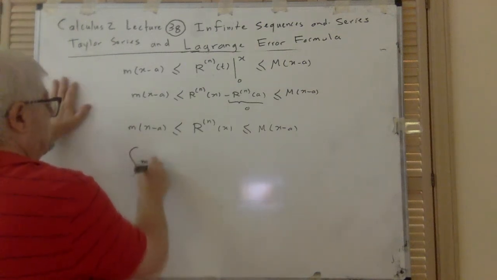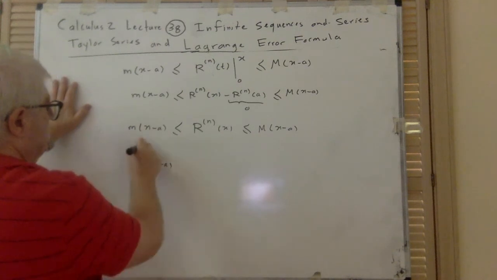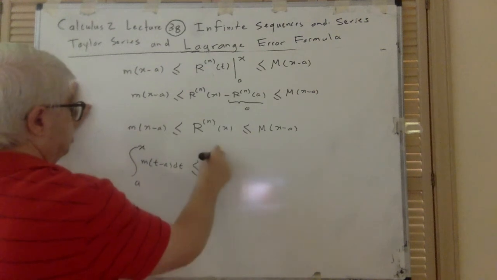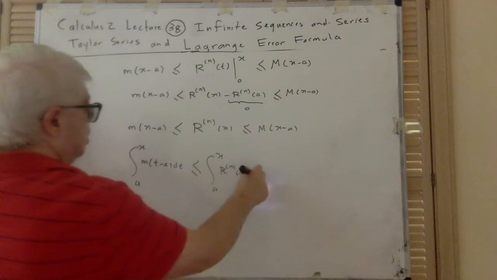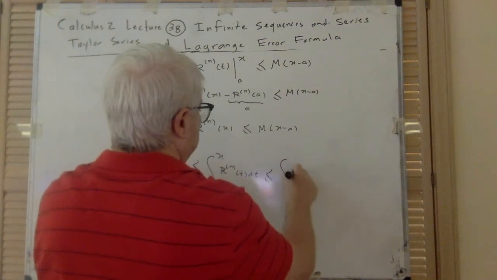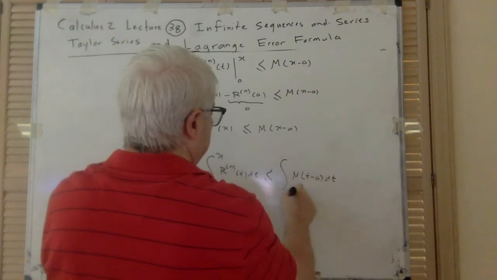Let's write t minus a from a to x dt, and this is the integral from a to x of r n say t dt, and this one is the integral of m t minus a dt from a to x.